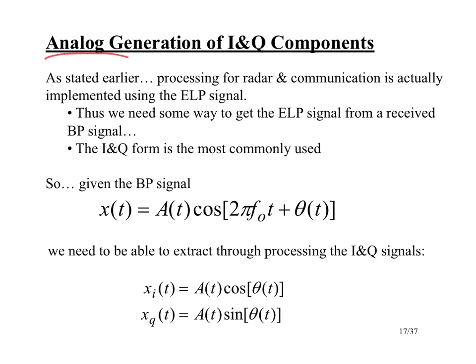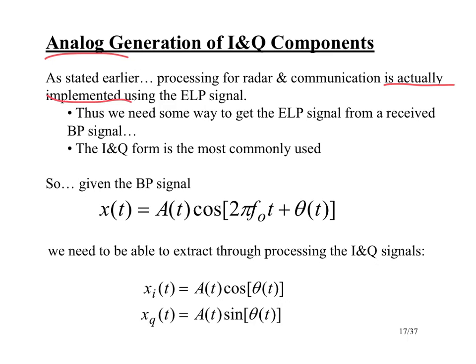The reason that we want to generate these I and Q components is that when you're doing radar and communication signal processing, it's actually the equivalent low-pass signal, or equivalently the I and Q components, that you're actually working on, or equivalently the amplitude A and the phase theta.